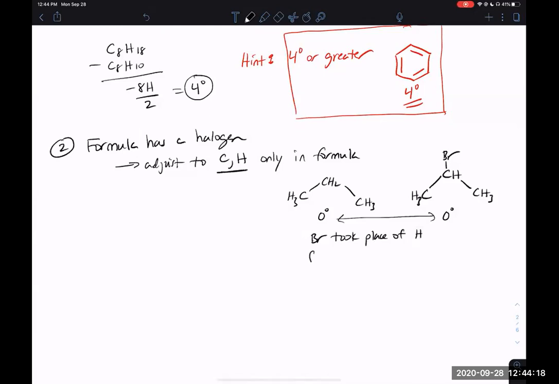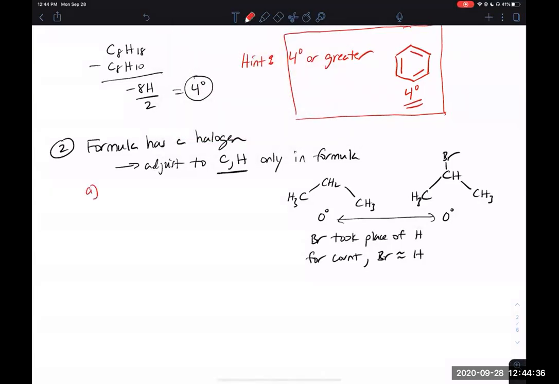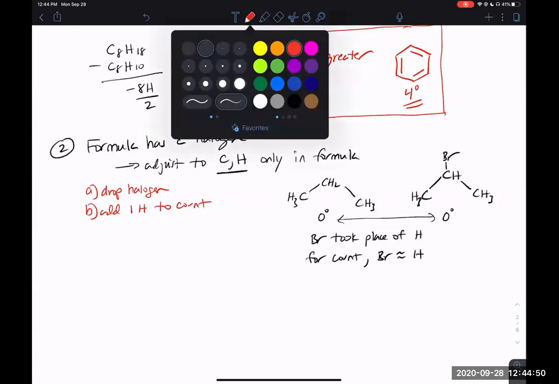So for my count, the bromine effectively is a hydrogen, just for counting purposes. So what you do when you have a halogen is you drop the halogen from the formula and you add 1 hydrogen to the count. So let's do an example.